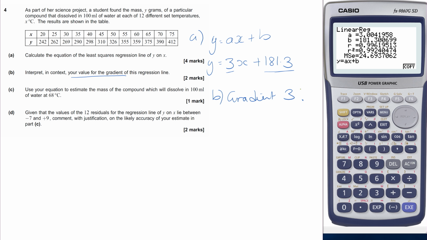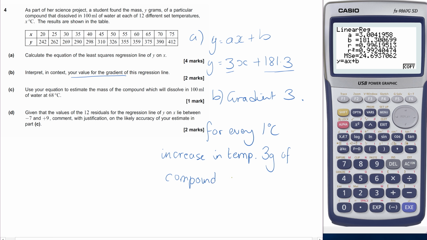Okay, so we're going to state that for every 1 degree centigrade increase in temperature, then another 3 grams of the compound will dissolve.